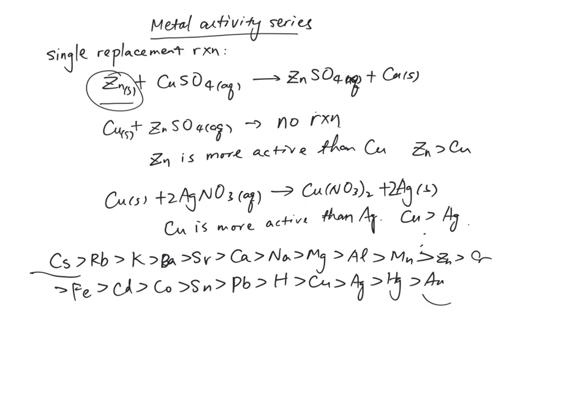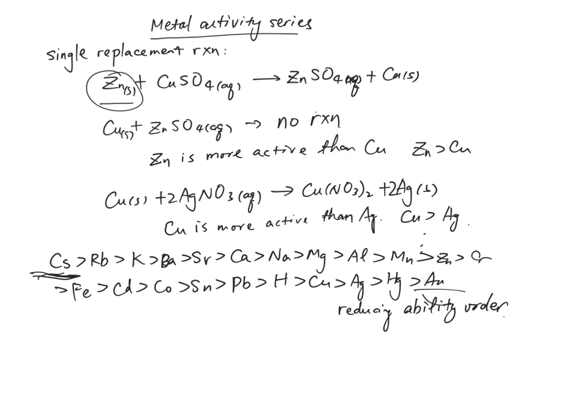Okay, so you can also say this is the reducing ability order of different metals. Okay, who wants to lose electron more? Elements on this end tend to want to lose electrons more than elements on this end. Okay, and that's why they're more active.